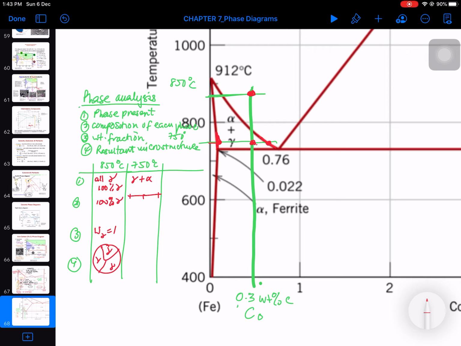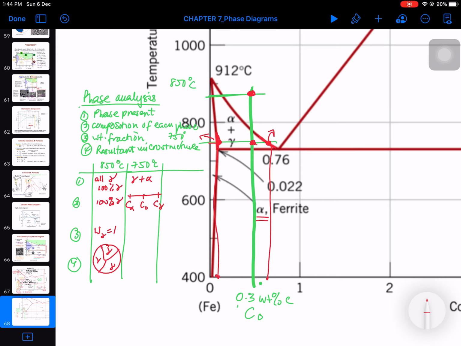We have the C naught here, and we know the phase present is austenite plus alpha ferrite, so one must be C alpha and the other must be C gamma. Beside this point is the area for alpha ferrite, so this is for C alpha, and the area beside it is austenite, so this is C gamma. And the composition is this here and here.